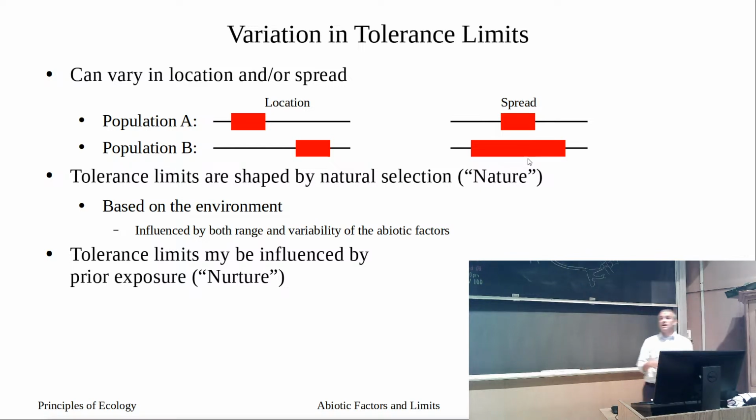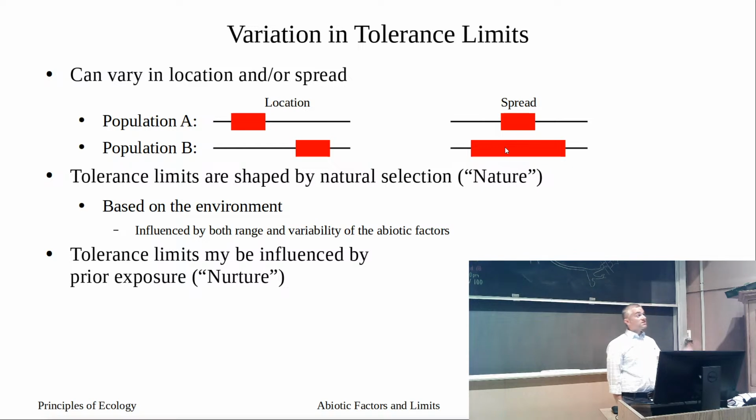Perhaps population A lives in an area where the conditions are fairly constant, unchanging. That helps explain why they have such a narrow tolerance. And we can come up with examples, different habitats that exhibit these types of conditions.